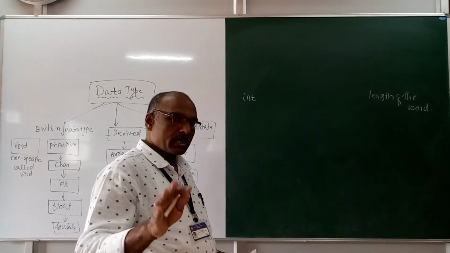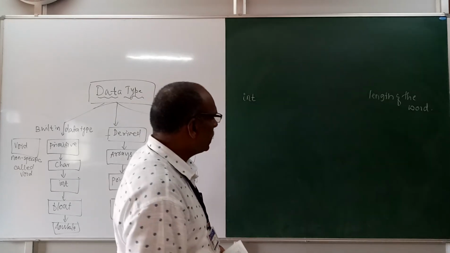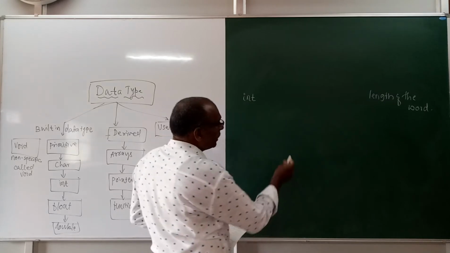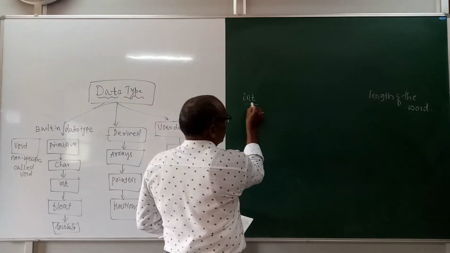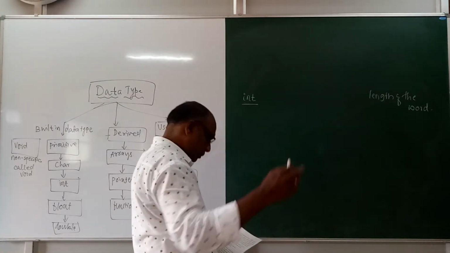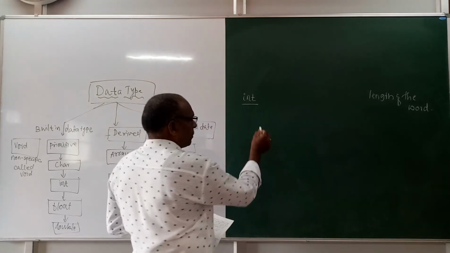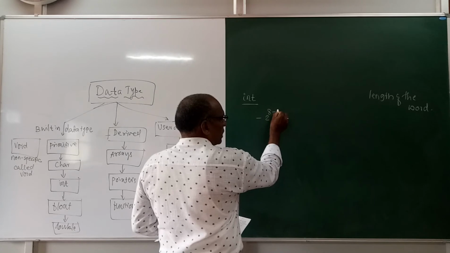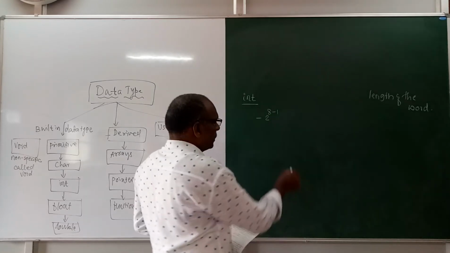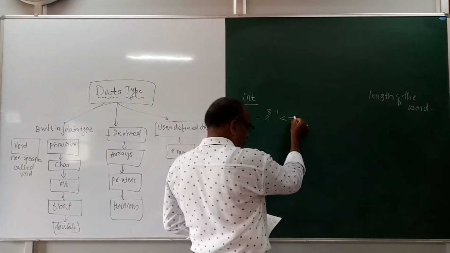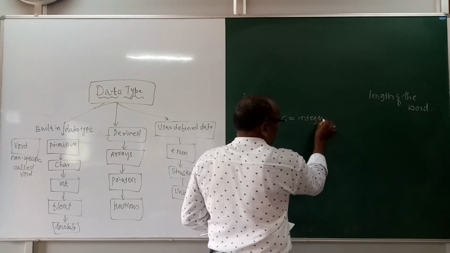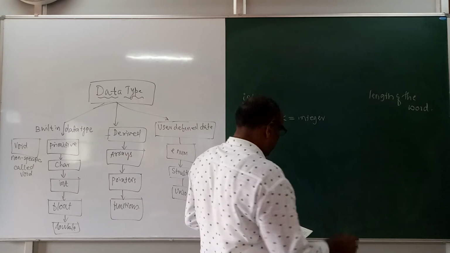Imagine your machine is an 8-bit computer. Then the range of an integer number, which is a sequence of digits, is given by 2 to the power 8 minus 1. I am giving an example for an 8-bit computer.